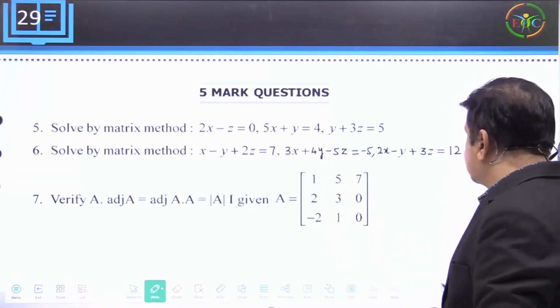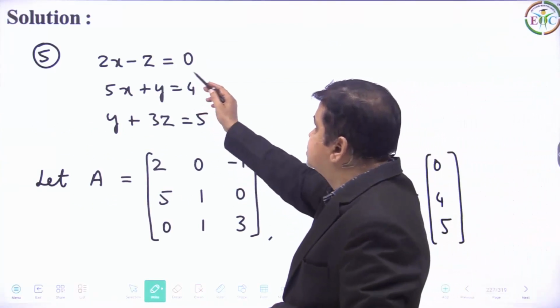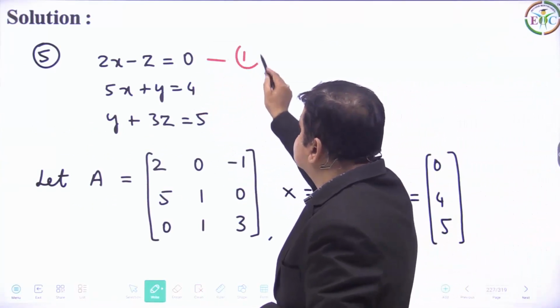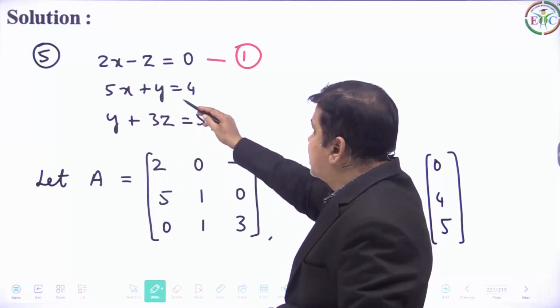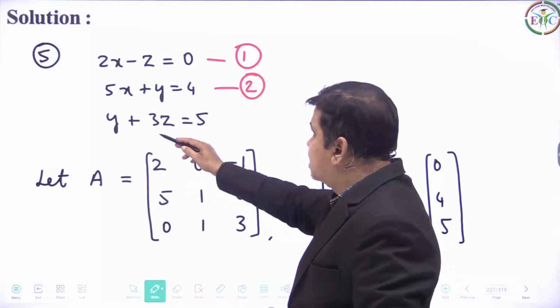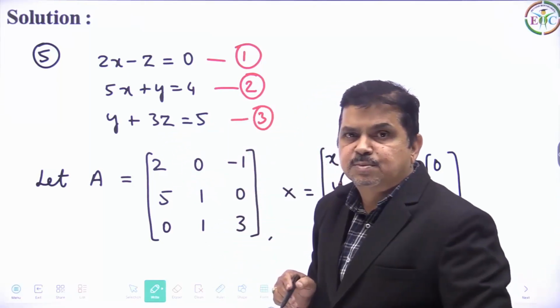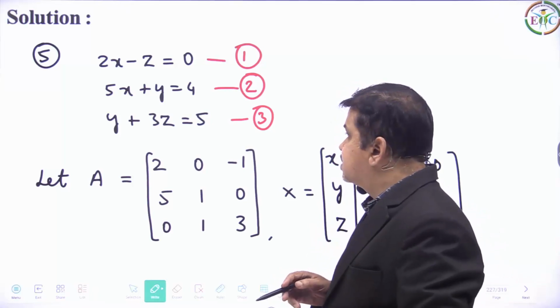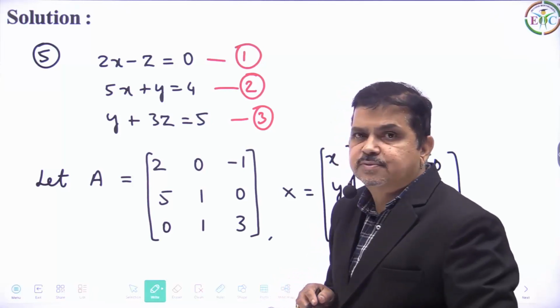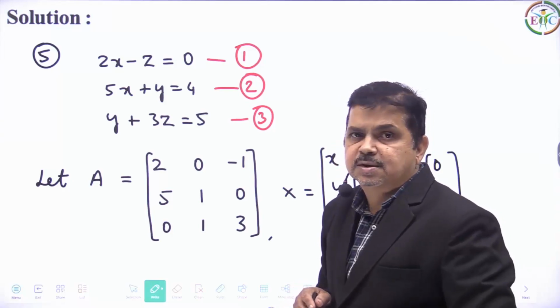Now let us take up question number 5. We have the given equations: 2x minus z equal to 0, call this equation number 1; 5x plus y equal to 4, call this equation number 2; and y plus 3z equal to 5, call this equation number 3. As I told you, form a matrix of the coefficients of the variables x, y and z.